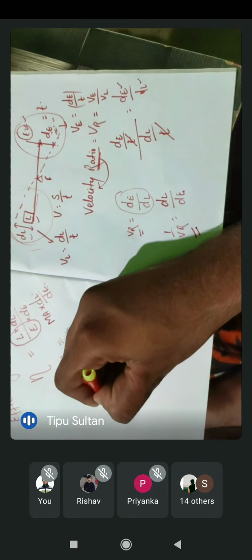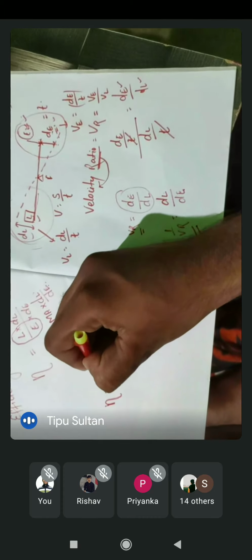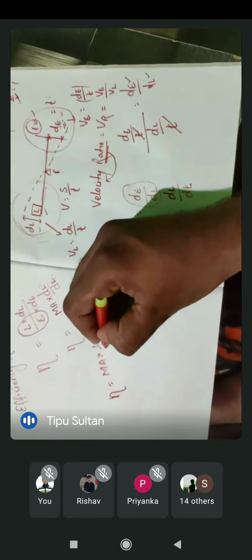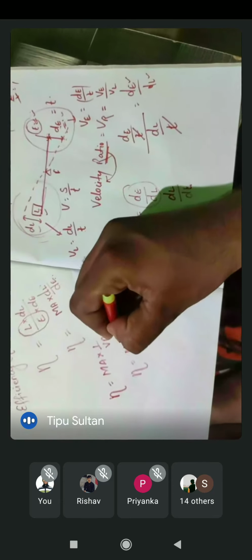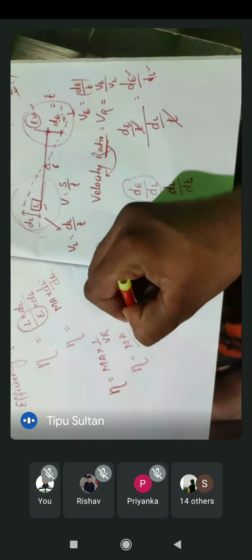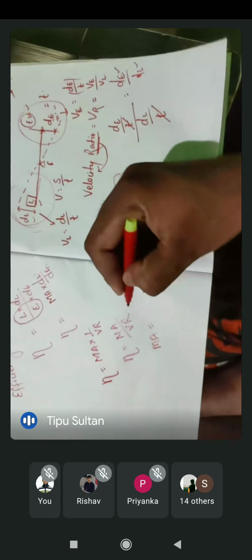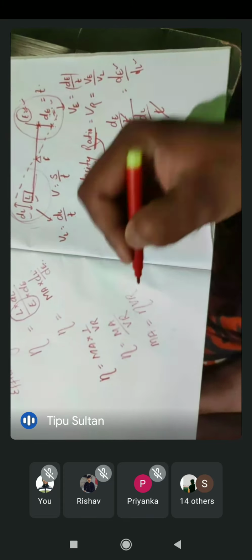So the value of efficiency is equal to mechanical advantage into 1 by VR. So efficiency is equal to mechanical advantage by VR. Again, you can write mechanical advantage is equal to efficiency into VR, velocity ratio.